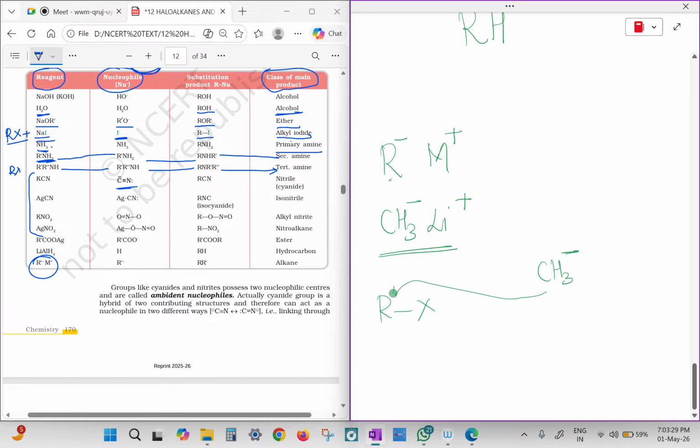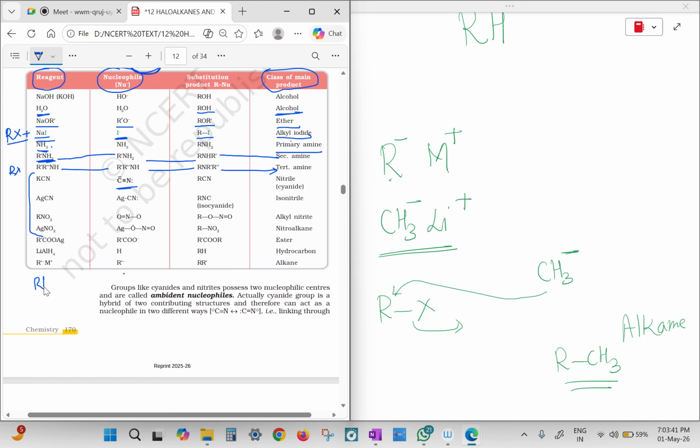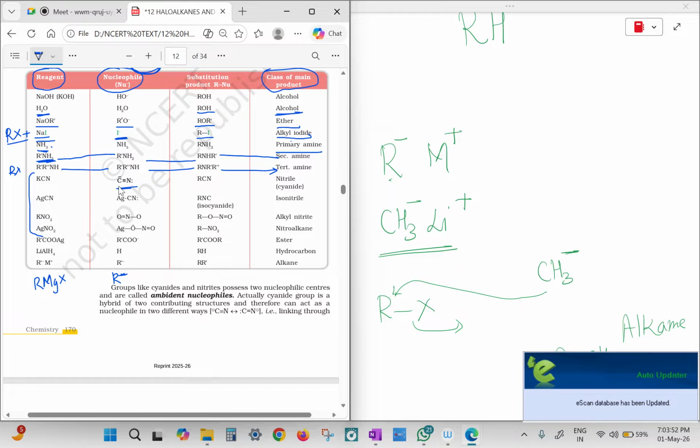The CH3 minus attacks and you will be getting RCH3. So you get an alkane. Isn't it same as Grignard, children? RMgX, where the nucleophile is R minus? Yes. Okay. So these 4 are very, very important reactions in terms of give reason questions.